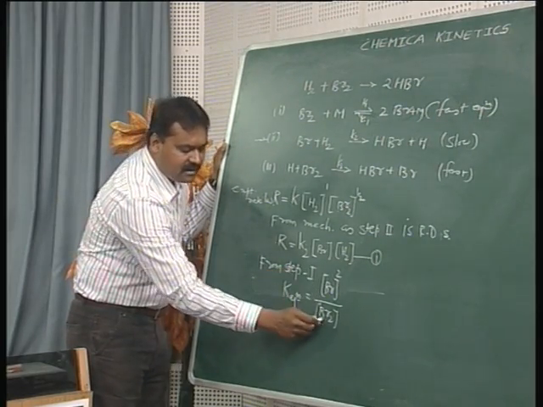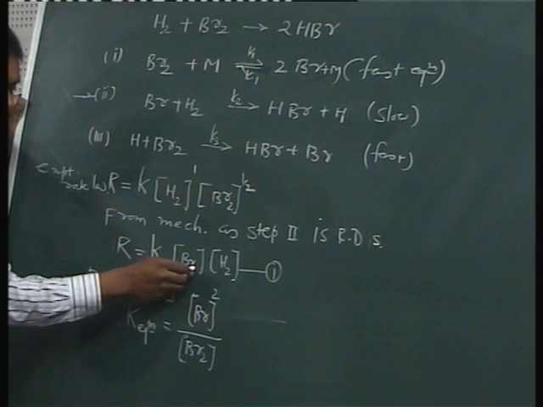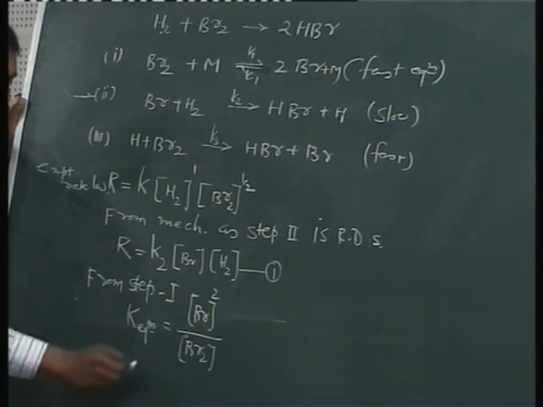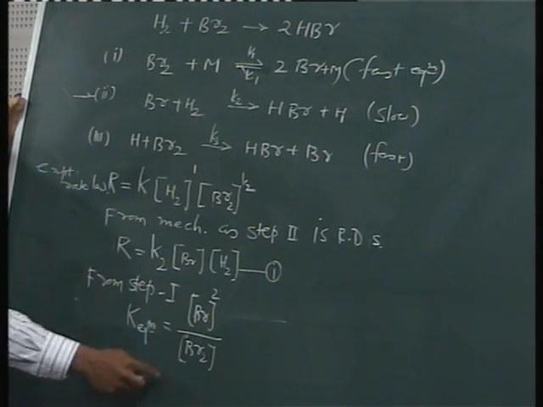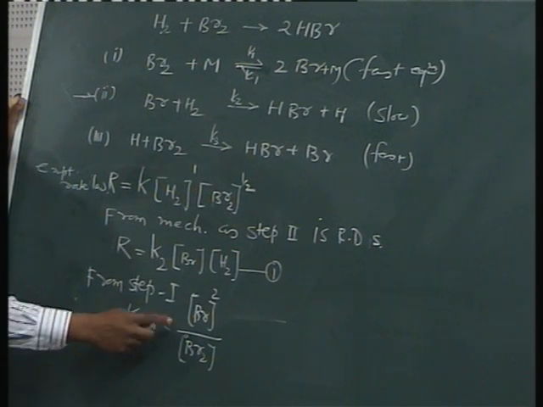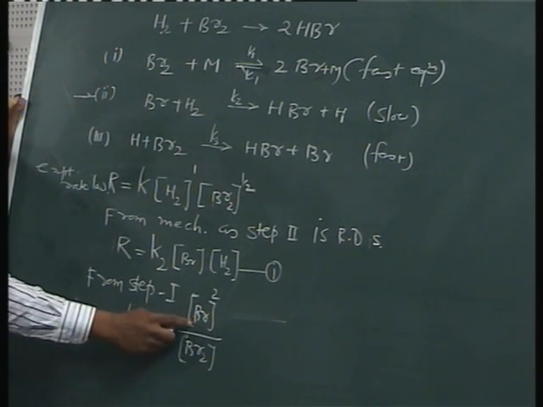We want Br2 concentration in equation 1 and we don't want Br, and therefore we can write this equilibrium constant in terms of the concentration of Br.